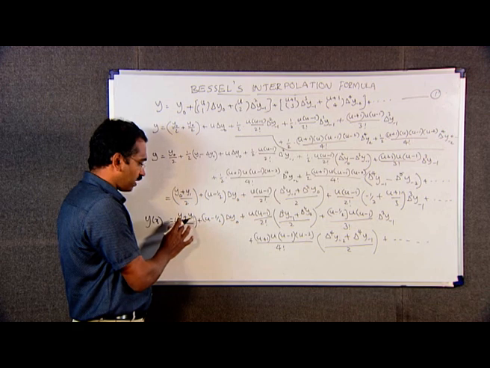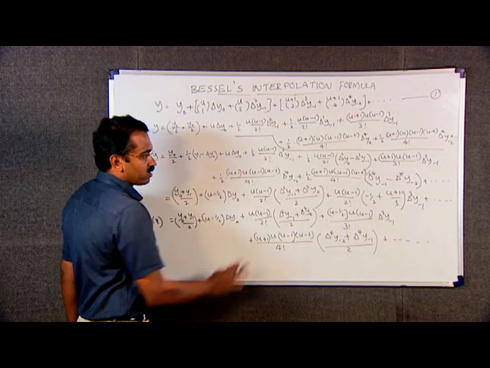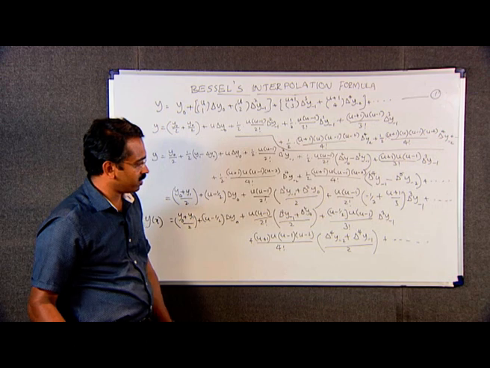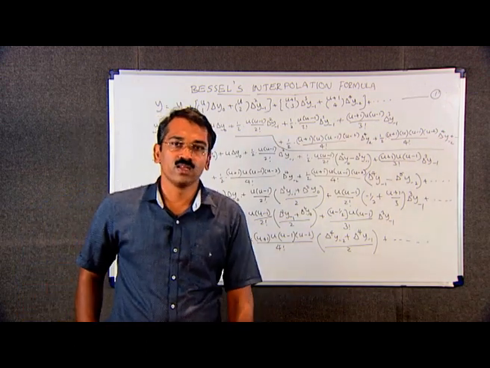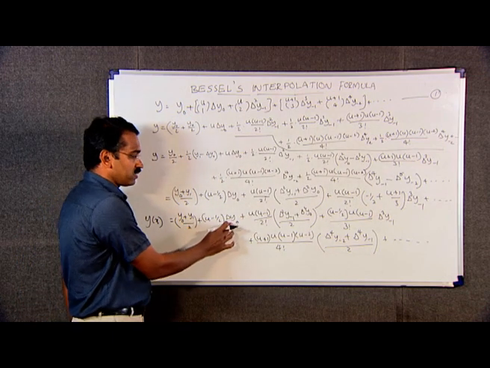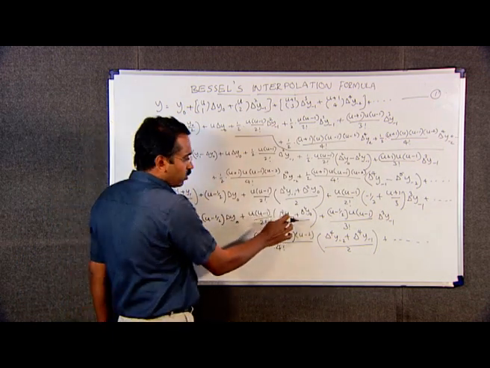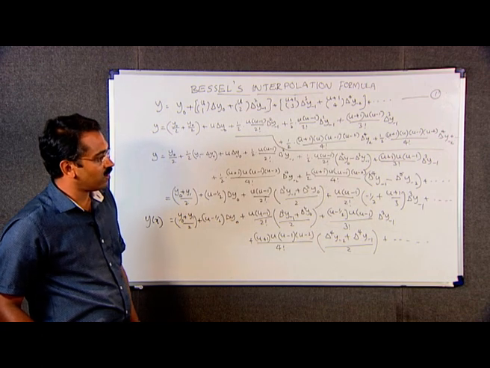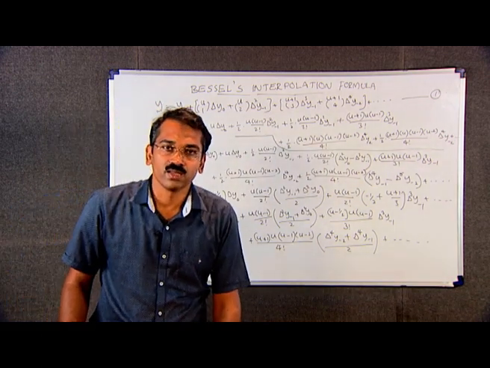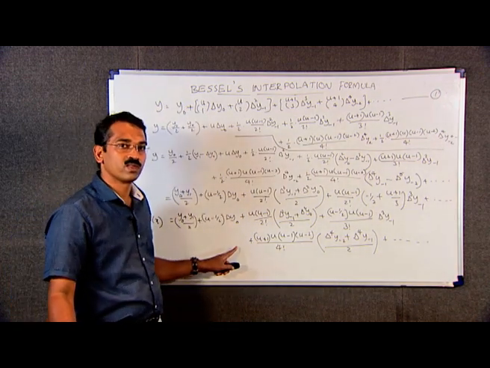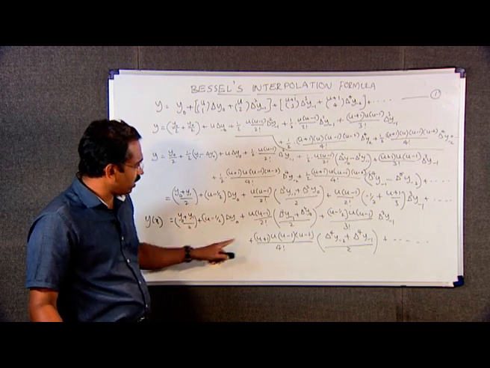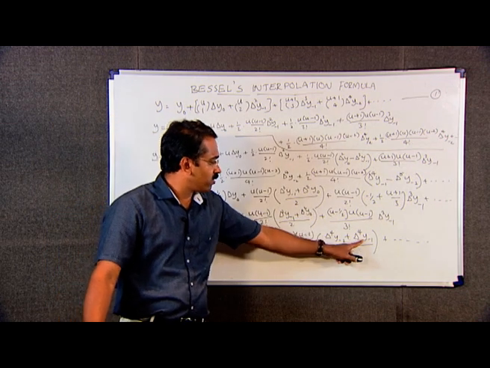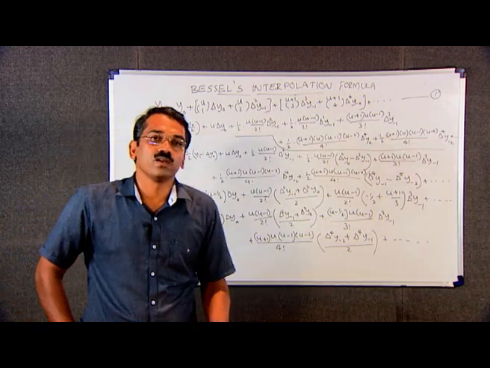the terms y naught, delta square y minus 1, delta raised to 4 y minus 2, which are the even order differences, all are lying in that central line, and the differences delta y naught, delta cube y minus 1, which are the odd order differences, all are lying a line below the central line, and all the remaining terms, that are y1 and the even order differences delta square y naught, delta raised to 4 y minus 1, etc., all are lying in the y1 line.